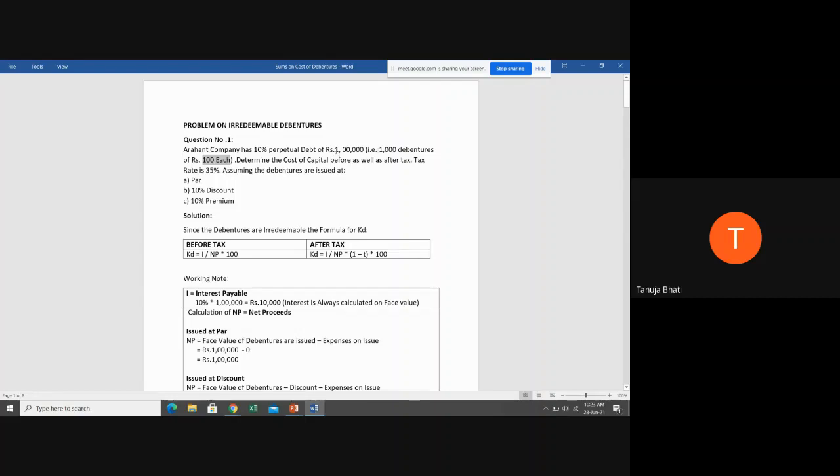So what is the face value of debentures? 1 lakh. So 10% of 1 lakh is going to be your interest. So the first working note will be identifying the interest payable. Interest payable is 10% of 1 lakh, which is 10,000. And interest is always calculated on face value.